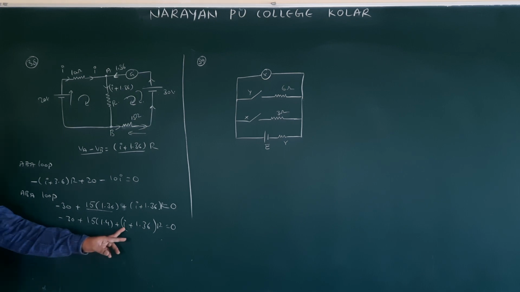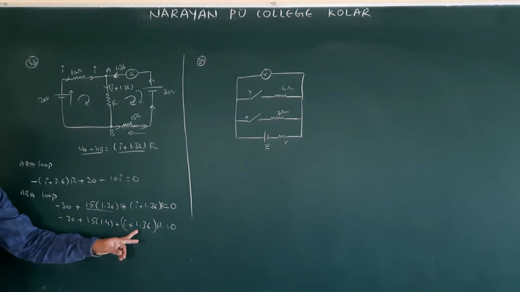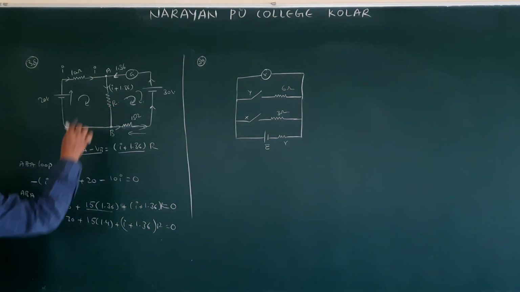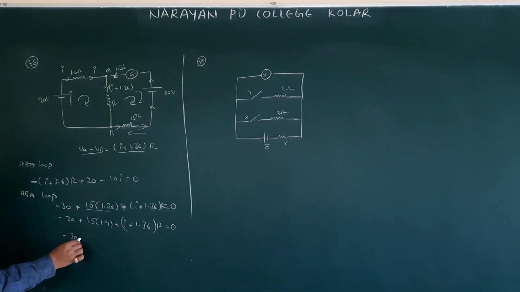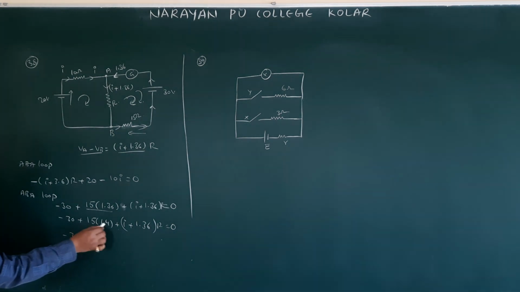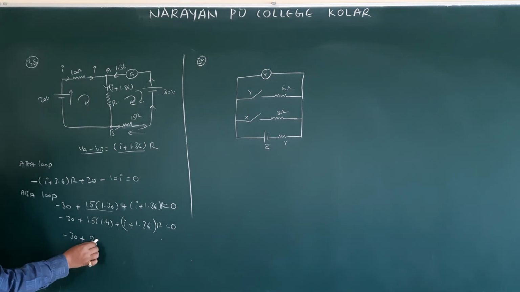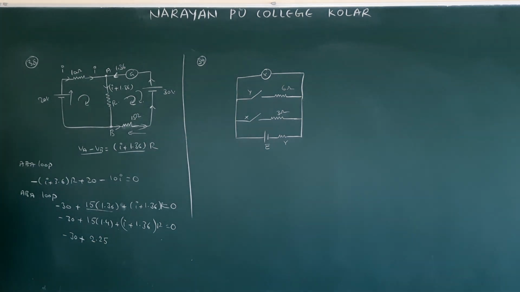So you will get the R value from this equation, because in this R is there, current into resistance. 30 minus 30 plus 15 into 1.4, 15 into 1.4, how much are you getting? Almost 15 fifteens are 220. So you will get almost a near answer. I am doing, so 2.25. Correct only?